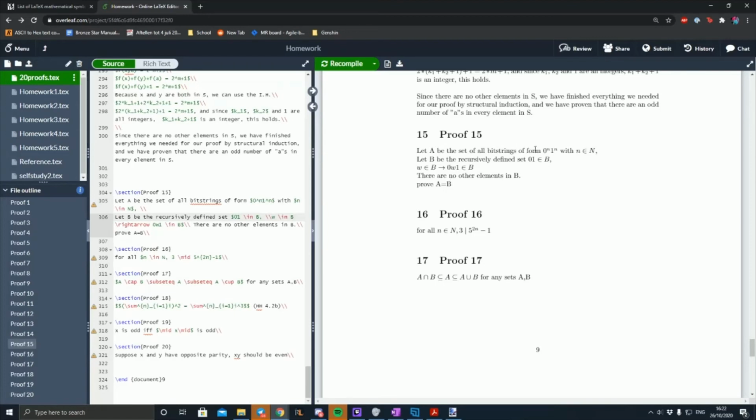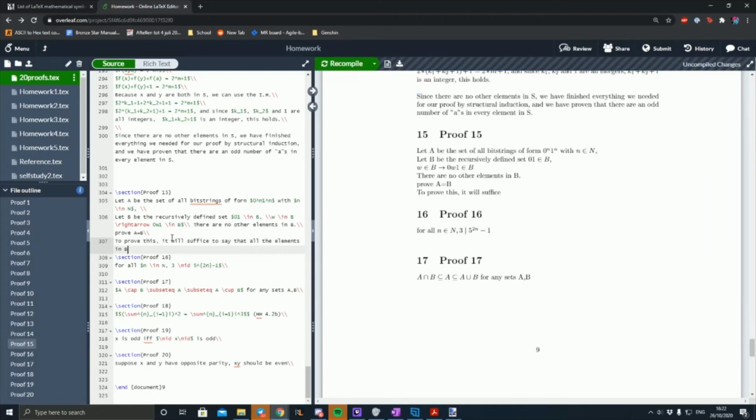So that is basically stating that all the bit strings are of this form. To prove this, it will suffice to say that all the elements in B are of the form.